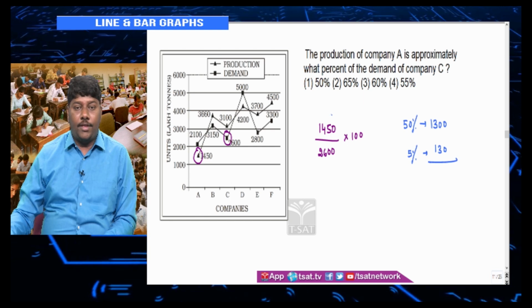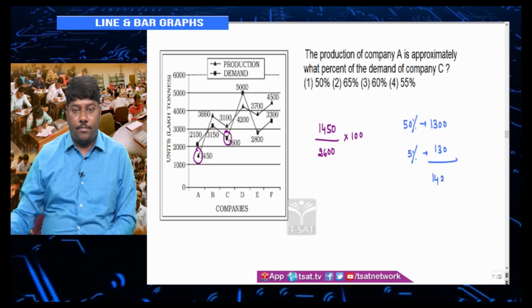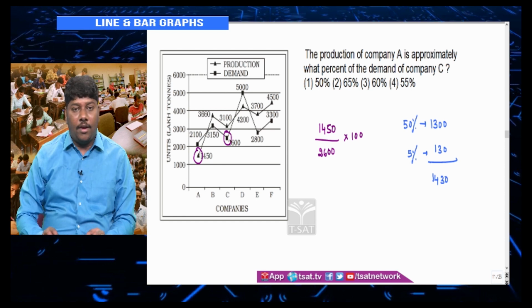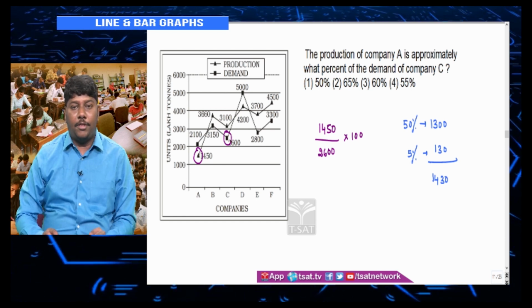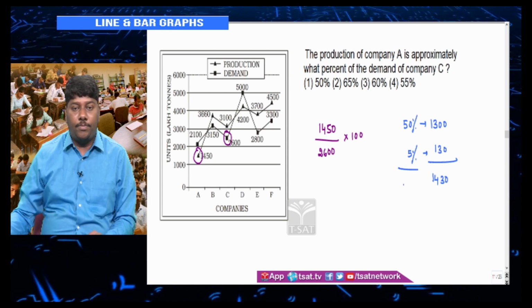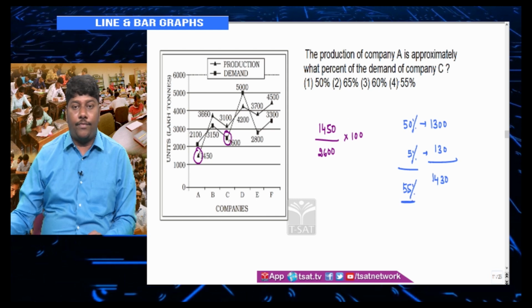My aim is to reach this 1450, therefore I am getting only 1430. This 1450 is a little bit more than 1430, but in the options we don't have a little bit more than this, 55%. Therefore, I would consider my option as 55% because it is very close to 55%.